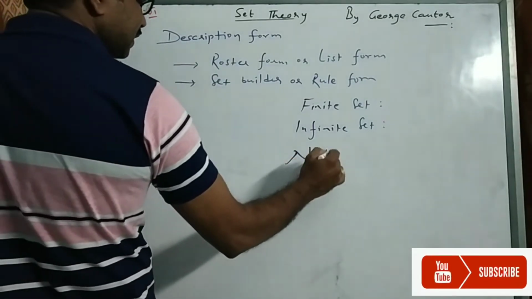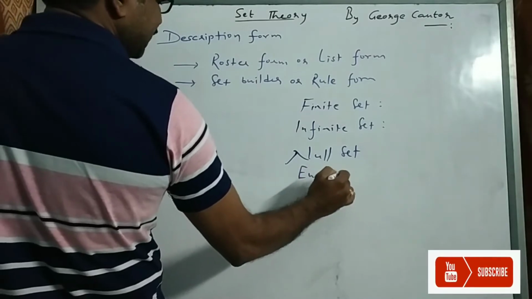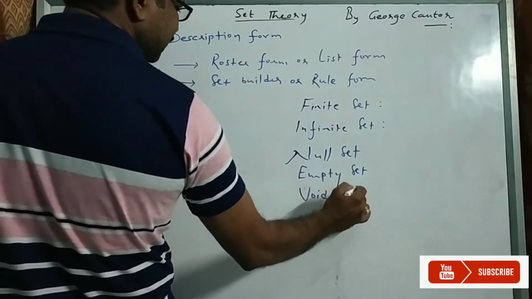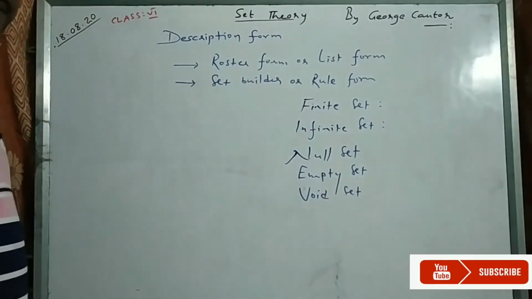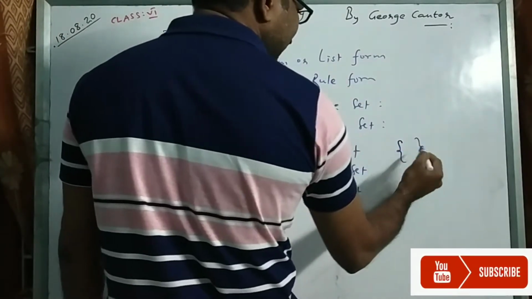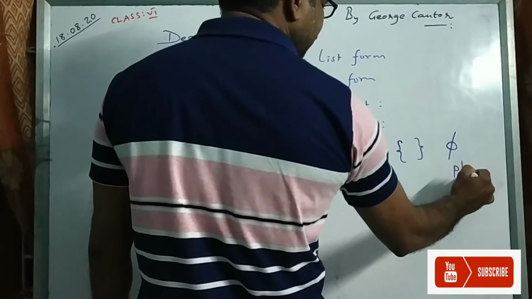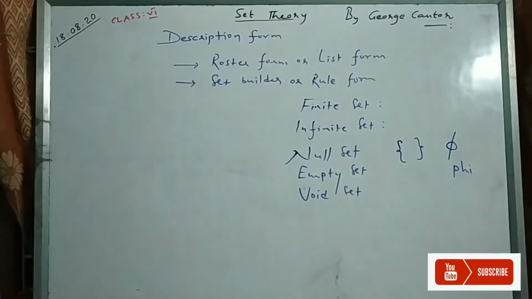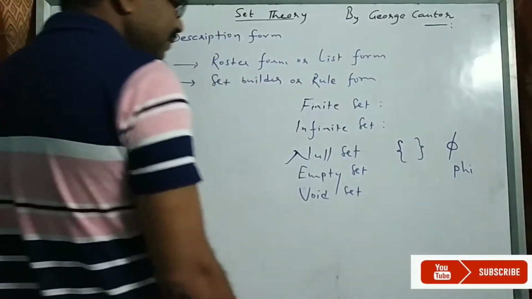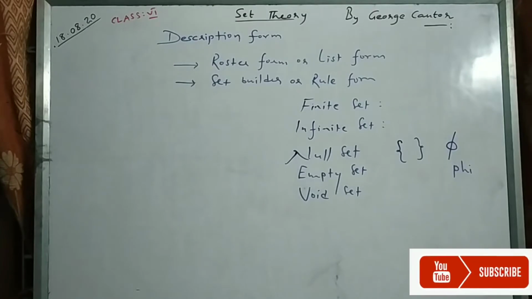Null set or empty set or void set: if there is no element in the given set, it is denoted as phi, a Greek letter, read as phi. So a set without elements is called a null set or empty set or void set.